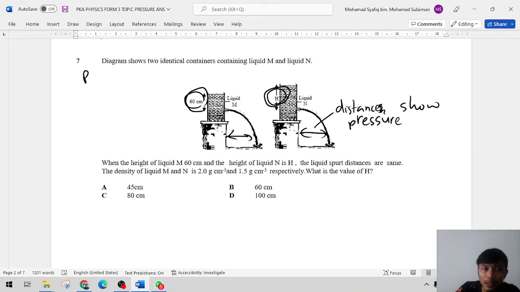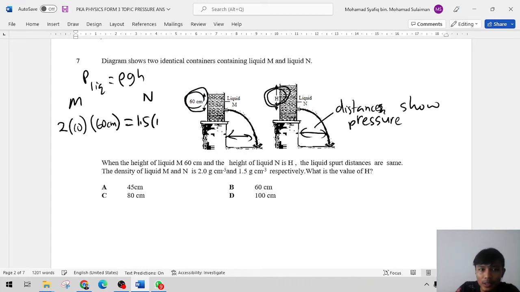Okay, so pressure in liquid again equal to rho g h. So in M, the density of M is 2, g is 10, and height is 60 cm. Okay, we can use cm here. And in N, because same pressure, the density is 1.5, g is 10, and the depth is h.